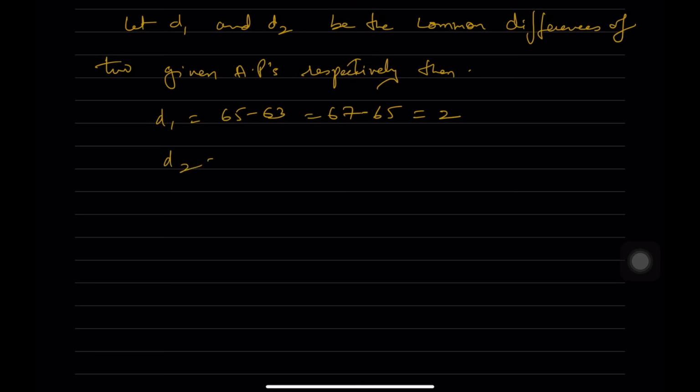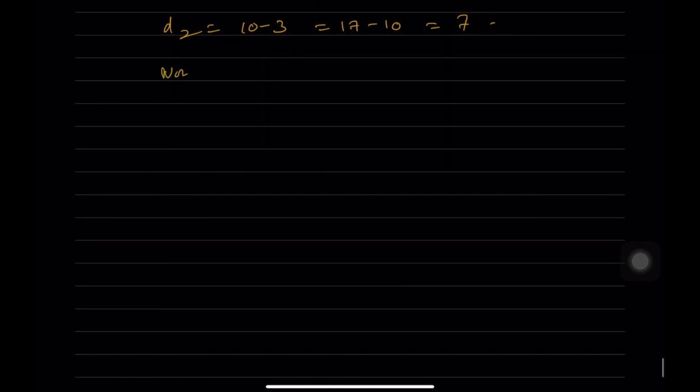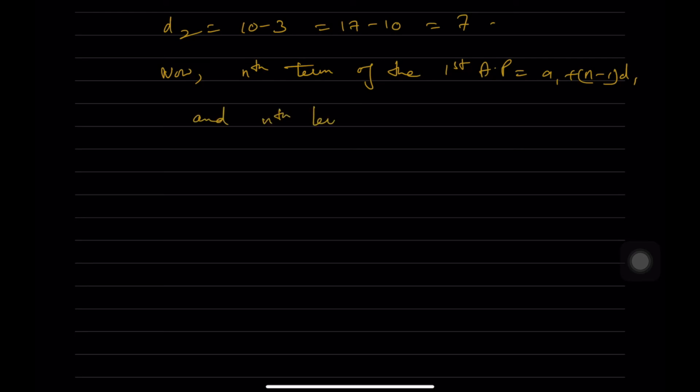Then next D2 is equal to 10 minus 3, which is equal to 17 minus 10, which is equal to 7. So now nth term of the first AP is equal to A1 plus n minus 1 into D1, and nth term of the second AP is equal to B1 plus n minus 1 into D2.